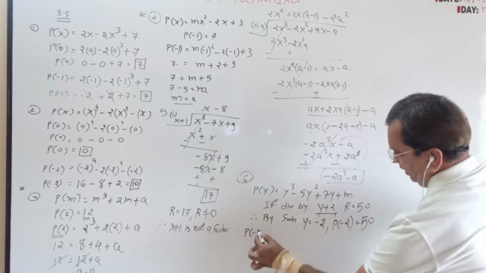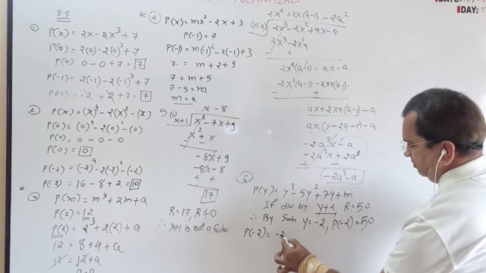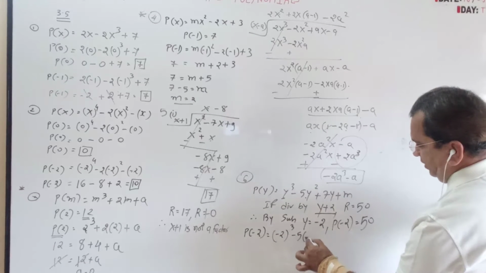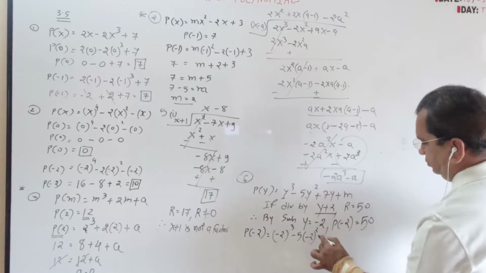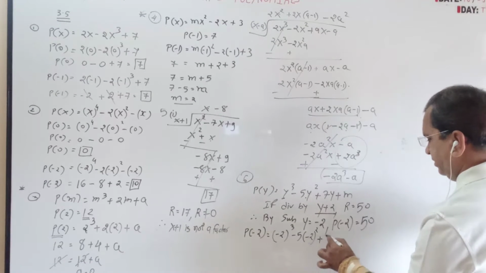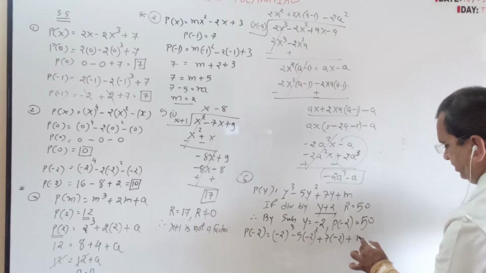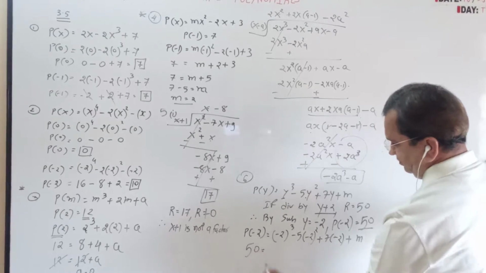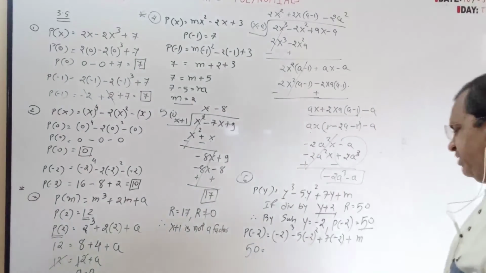So p of minus 2 is minus 2 cube minus 5 times minus 2 square minus 7 times minus 2 plus n, but this value is 50. Minus 2 three times, minus 2 into minus 2 into minus 2, that is minus 8.